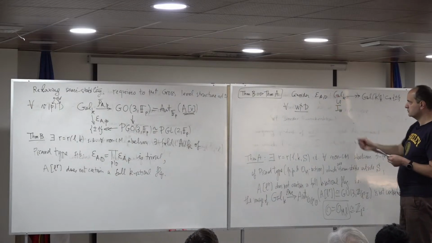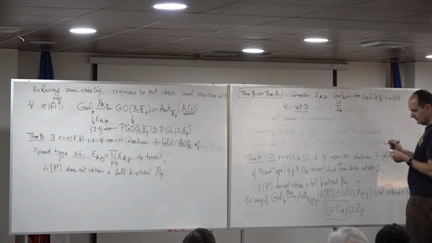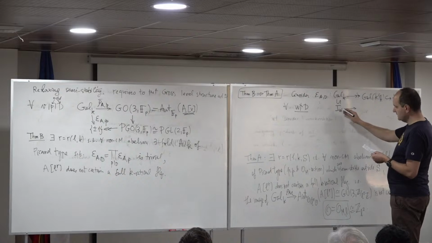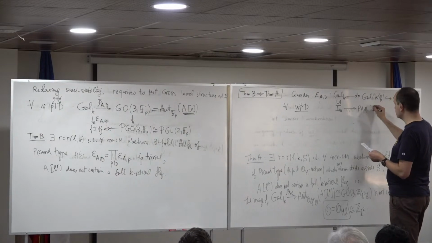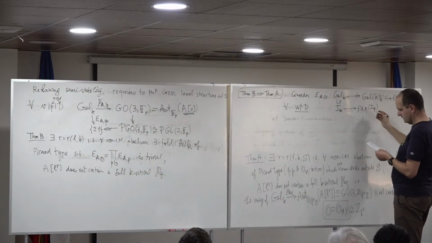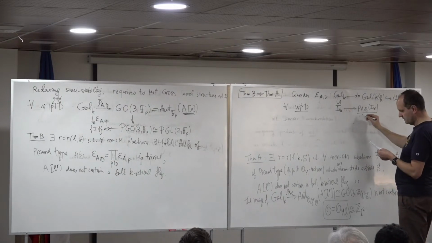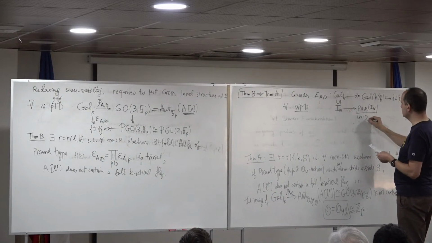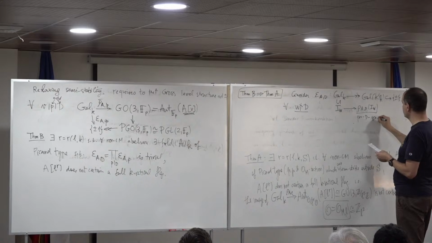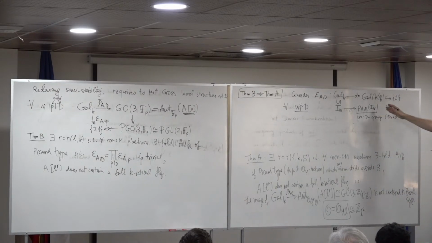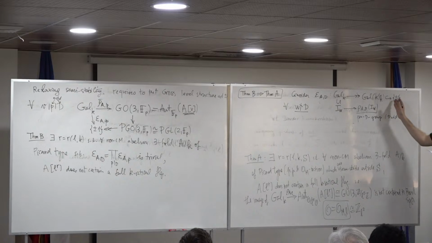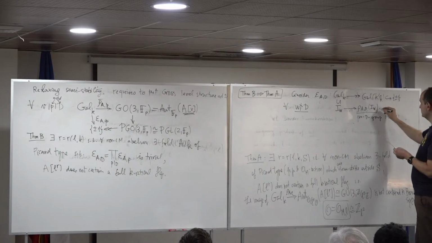I'm trying to deduce theorem A from theorem B. And by this semistability condition, we know, for example by Grothendieck's monodromy theorem, that this thing here is a pro-p group. And recall that D is odd. And so if you have a pro-p group inside plus or minus 1, this means that this image by epsilon A D is 1.